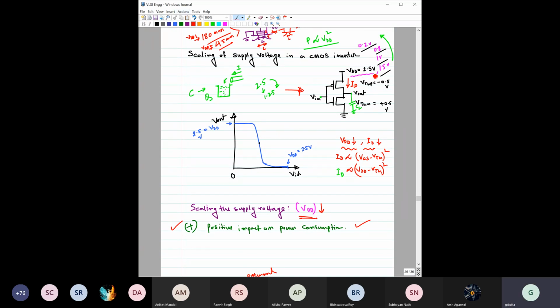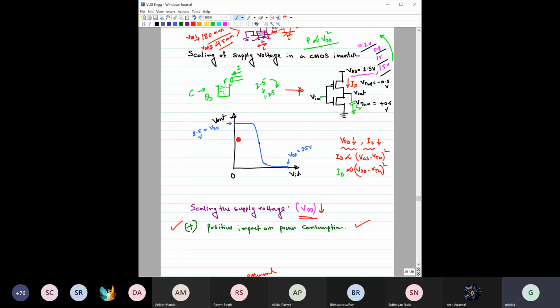So what is going to happen if this VDD is reduced from 2.5 to 1.5? The answer is, if you reduce it to 1.5, nothing will happen in terms of this VTC. This inverter will work as it is, and you will get a VTC for 1.5, which is like this.